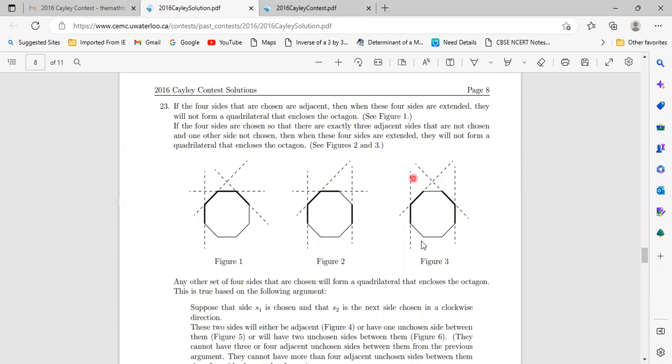Can you get figure 3 as the result of this reflection? Yes, Shana, can you follow that?